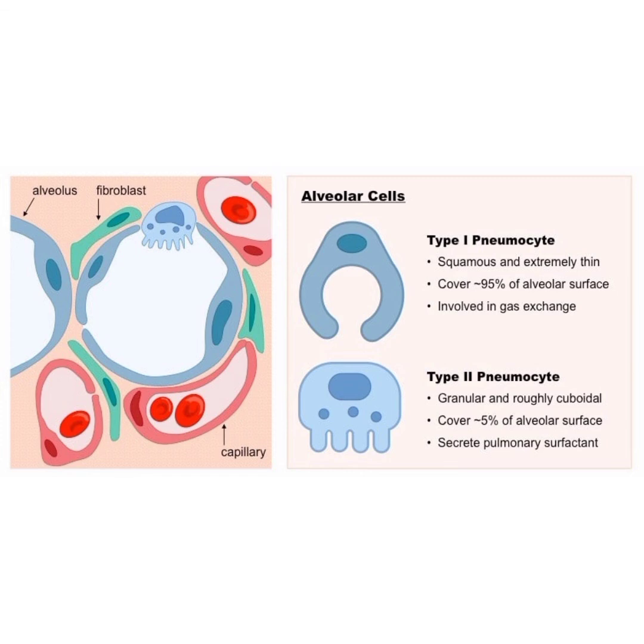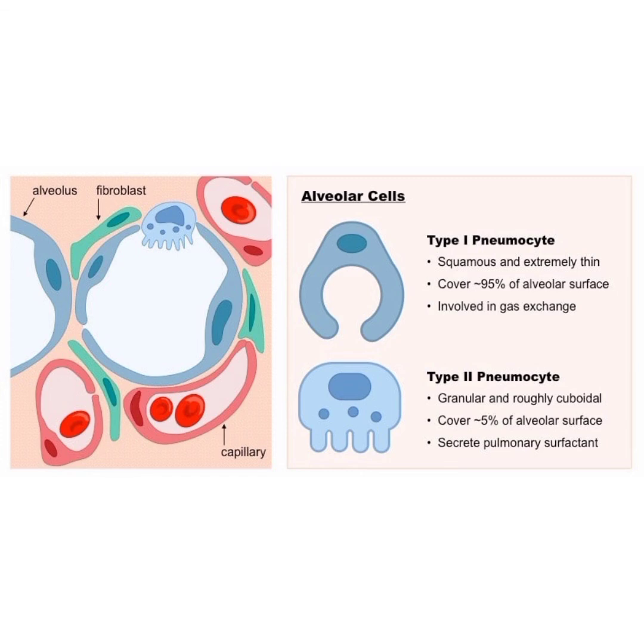One of the main functions is secretion of surfactant, which is a lipoprotein, and mucin, which is present in the fluid layer of the epithelial surface. The next function is detoxification of inhaled xenobiotics. And the next one is secretion of antimicrobial peptides and cytokines.